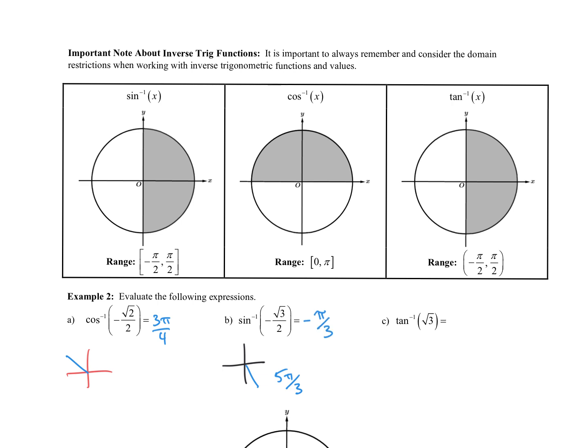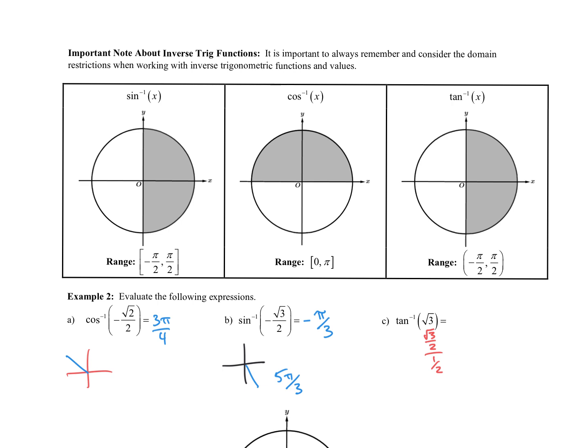All right, so this next one we have is arctangent of square root 3. What is tangent, by the way? Y over x. So how did we get square root 3? What would be my y value? Square root 3 over 2 over 1/2. Sometimes I like to go backwards on my simplifications.